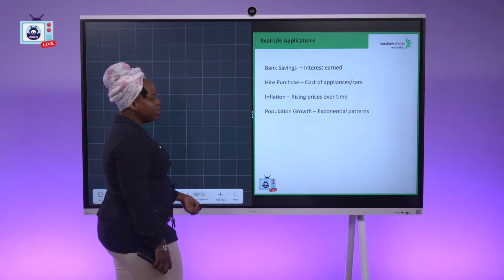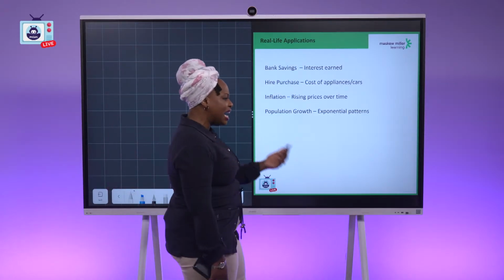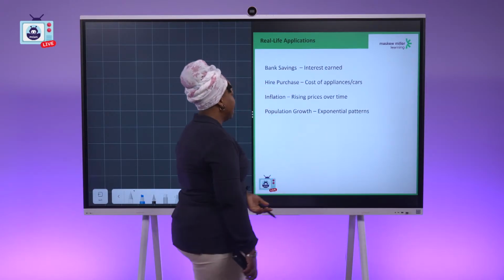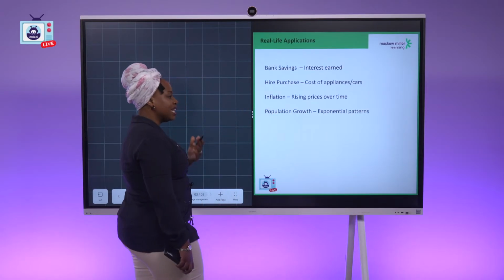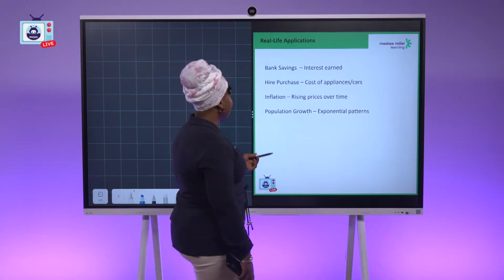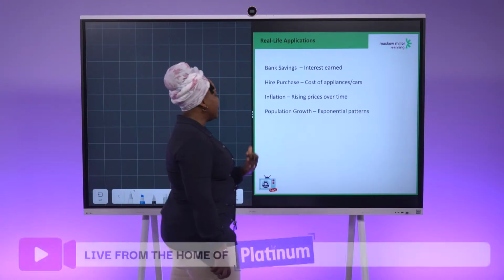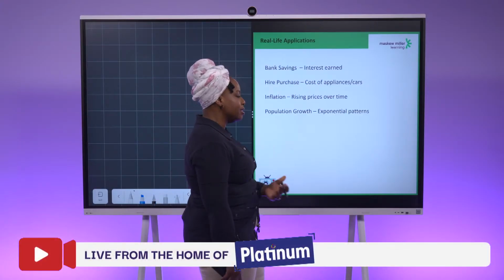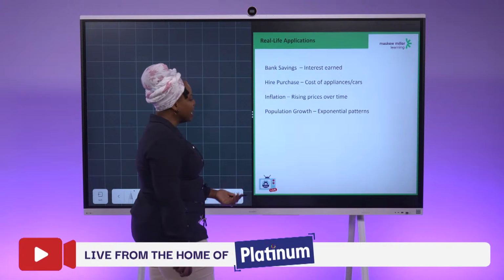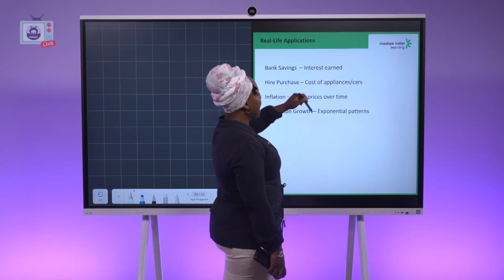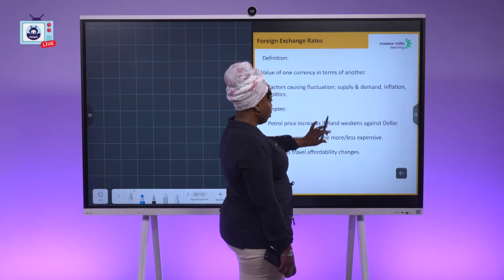We have hire purchase costs when we buy cars, appliances, phones, everything that we have. And we also have inflation, which is a rising price over time, and inflation is always calculated using compound interest, as is population growth. Those are actually exponential growth.